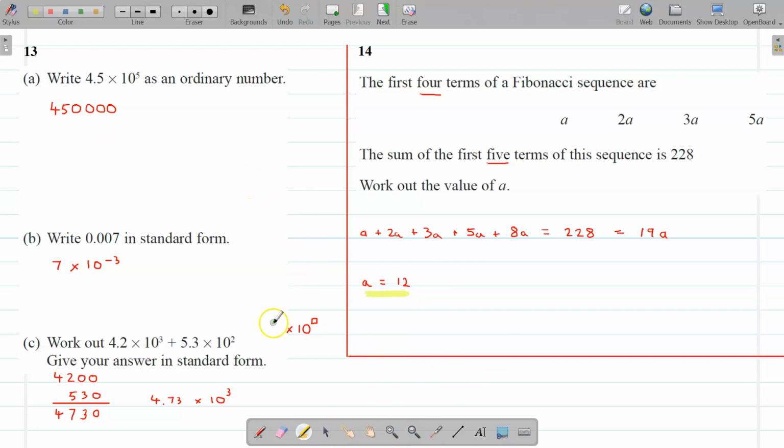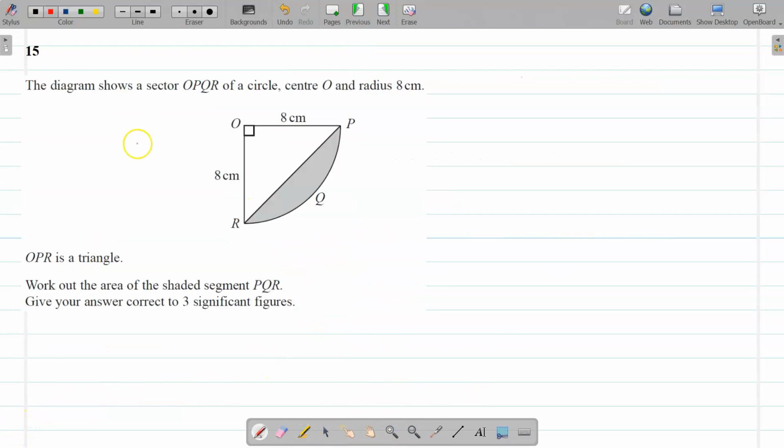And next question. Question 15. We have here a quarter circle and a triangle subtracted from it to leave us with the area of this segment here, which we've got to find. So we just got to do a simple calculation here.